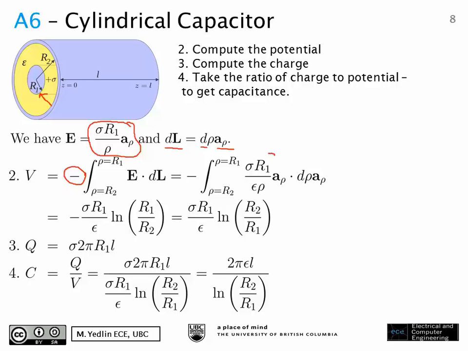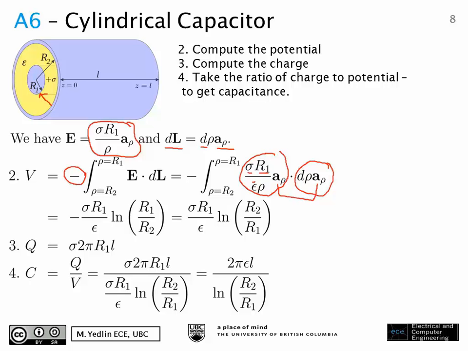Now we substitute in, here's E right there. Here is the line element right here. We take the dot product of a rho with a rho, that's equal to 1. Now what's constant? Sigma is a constant, R1 is a constant, epsilon is a constant. They all factor out.